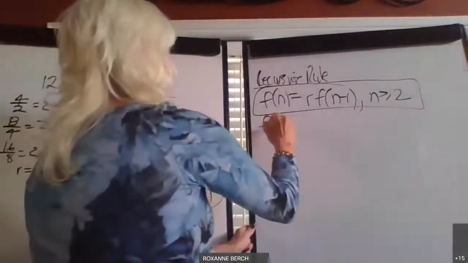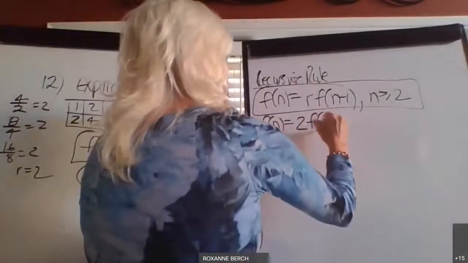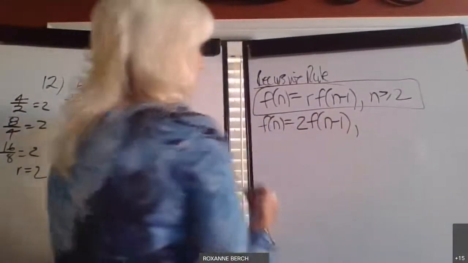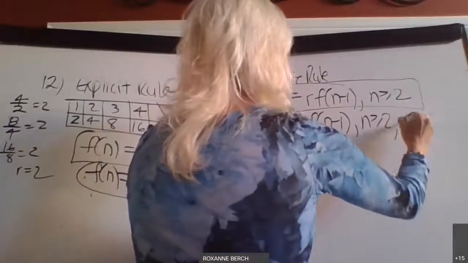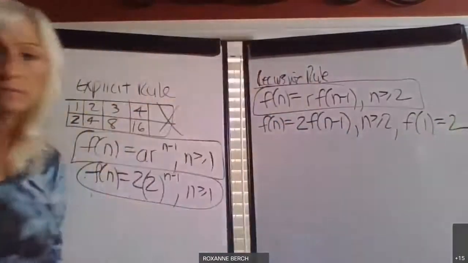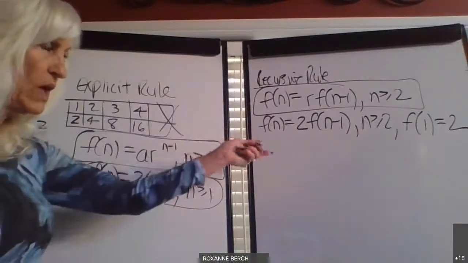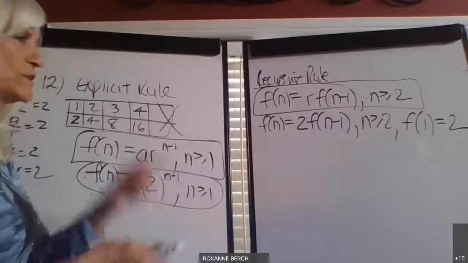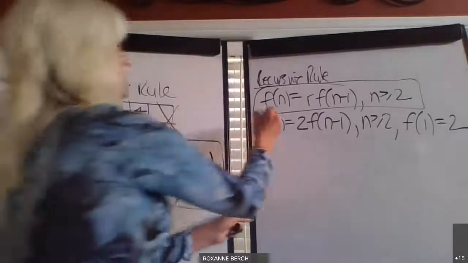So your answer would be f of n is equal to the common ratio, which is 2, times f of n minus 1. I want you to write the rule. I want you to write the domain. And I want you to write the first term, which would be 2. So I want those 3 things: the rule, the domain, and the first term, whether it's f of 0 or f of 1. In this case it's f of 1, and the term is 2.